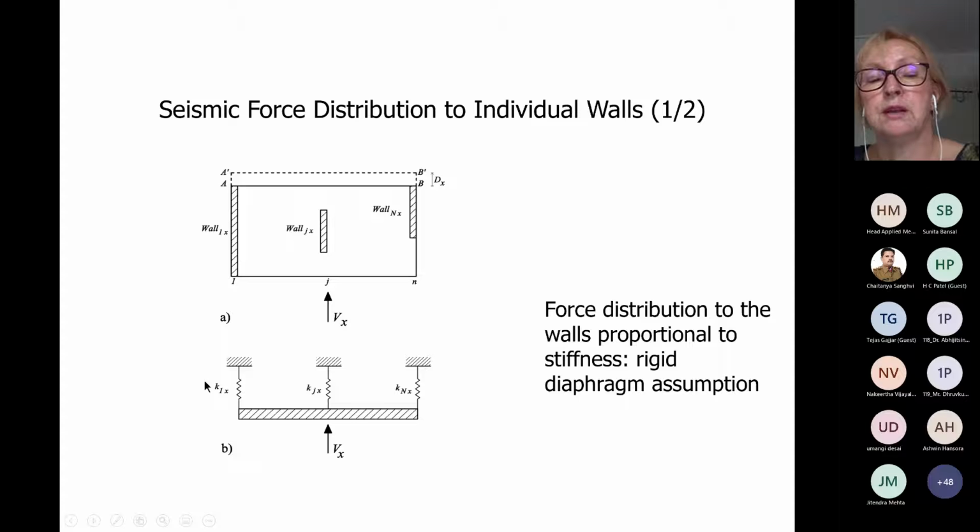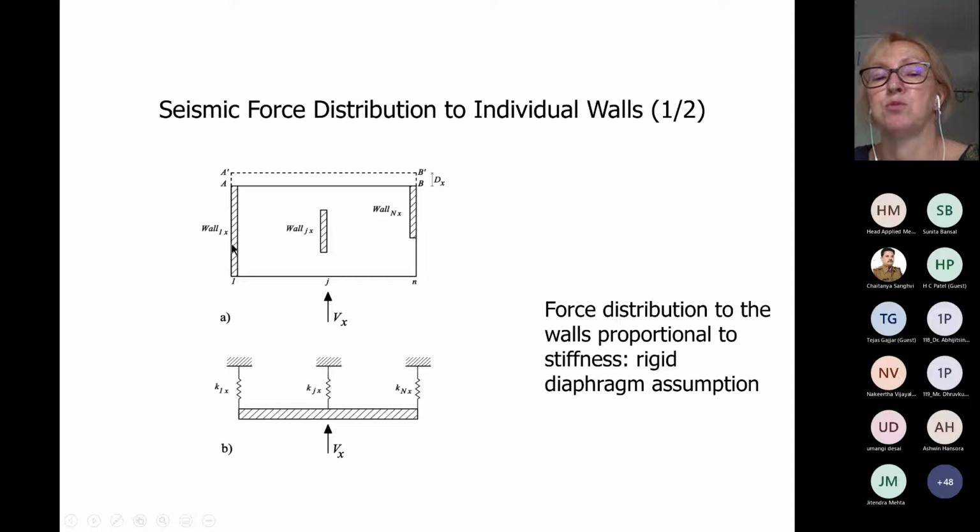One of the characteristics of the walls, based on which we distribute the forces in buildings with rigid diaphragms, is their stiffness. As mentioned here in the text, force distribution to the walls is proportional to stiffness, under the rigid diaphragm assumption.